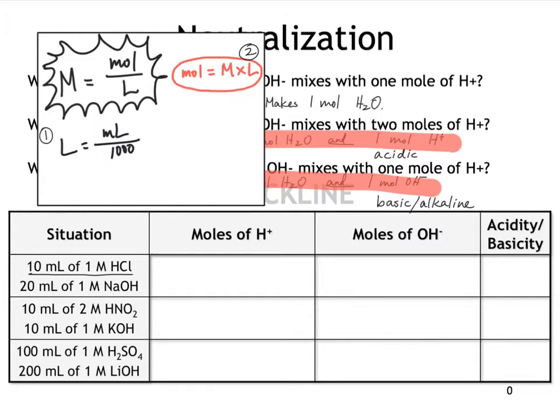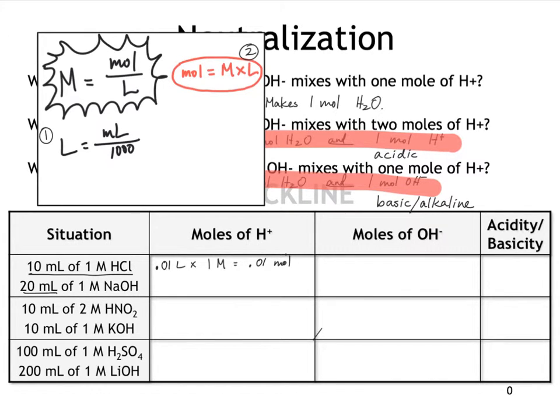All right, so in step 1, 10 milliliters, divide that by 1,000 to get the number of liters, and you'll get 0.01. We need to multiply that by the molarity, which is 1 molar, and you get 0.01 moles. And for the next part, we need to do 20 milliliters into liters.